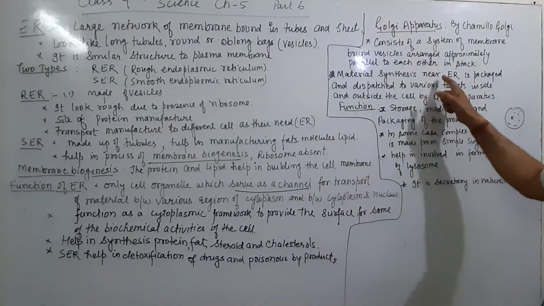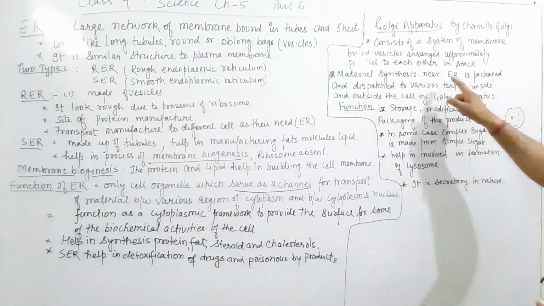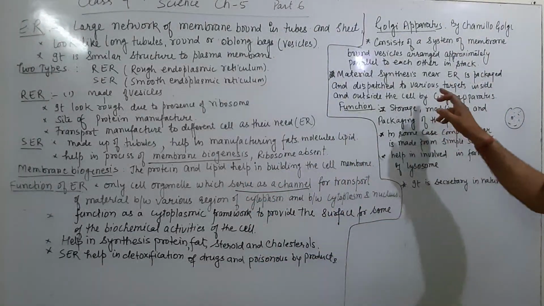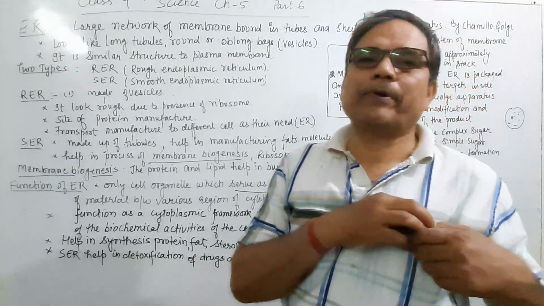Material synthesized near the endoplasmic reticulum is packed and dispatched to various targets inside or outside the cell by the Golgi apparatus.